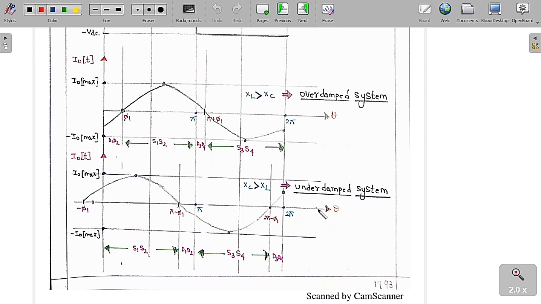Whereas here we don't need any forced commutation, because in the natural way it is going to turn off the thyristors. Whenever D1, D2 are on, it is going to turn off S1, S2 automatically. Similarly, whenever D3, D4 are on, they automatically turn off S3, S4. This is one of the important things that you need to understand.